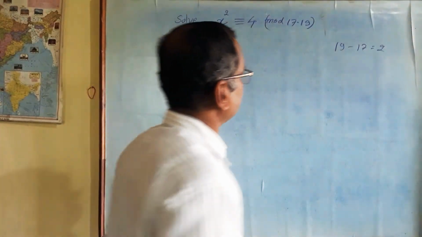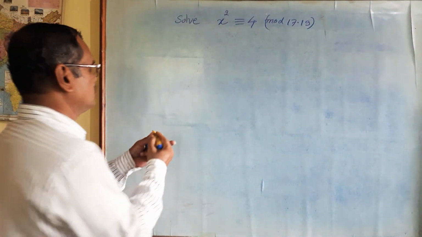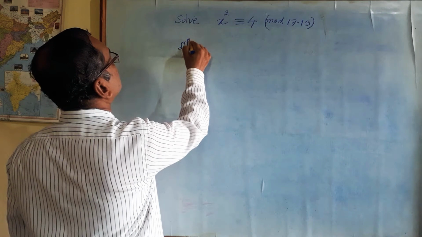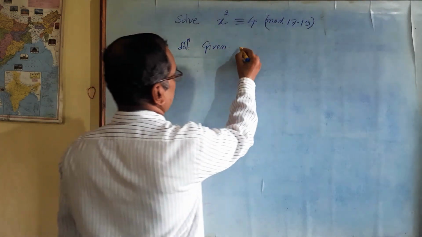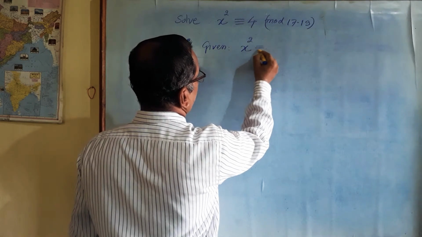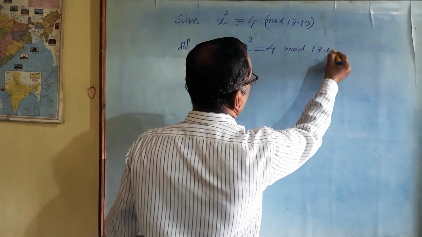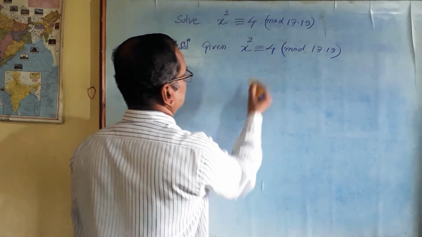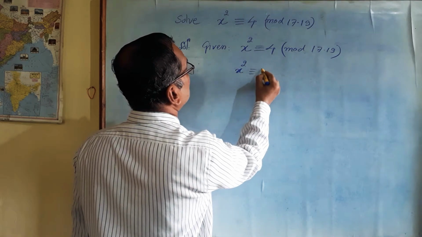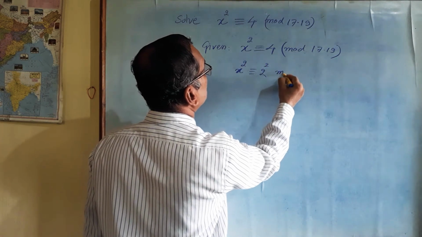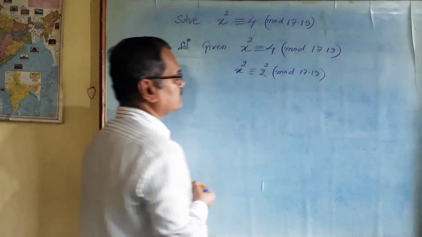Practical solution. The given congruence is x square congruent to 4 mod 17 into 19. It can be written as x square congruent to 2 square mod 17 into 19.